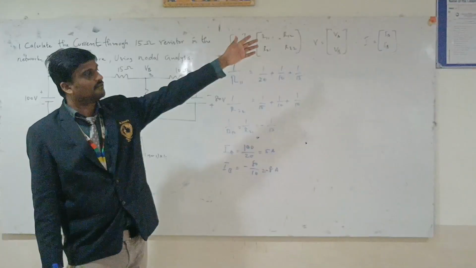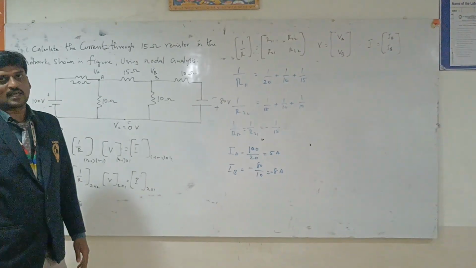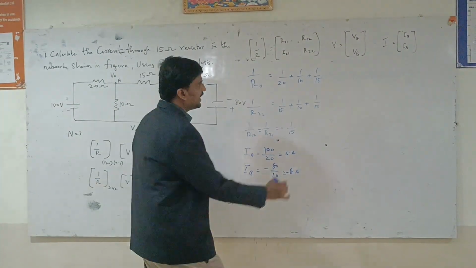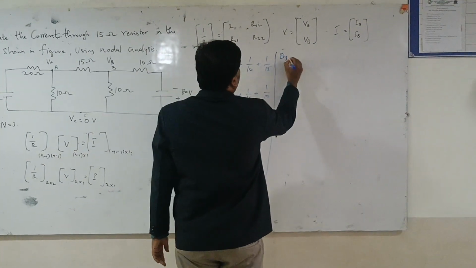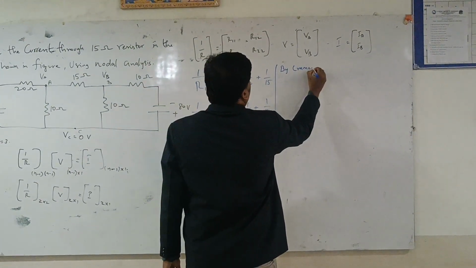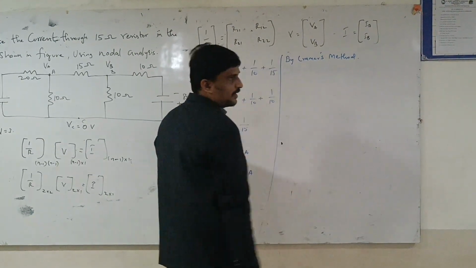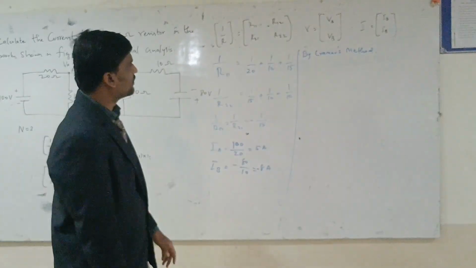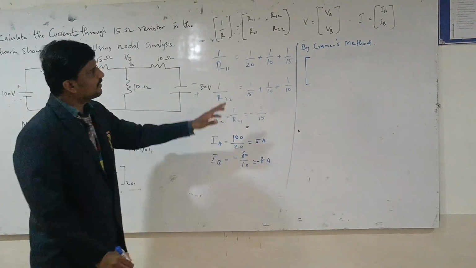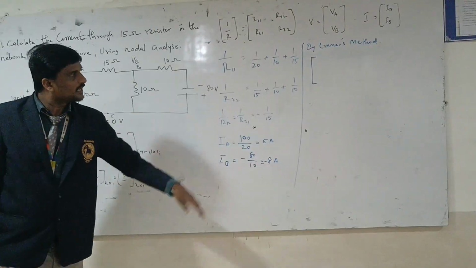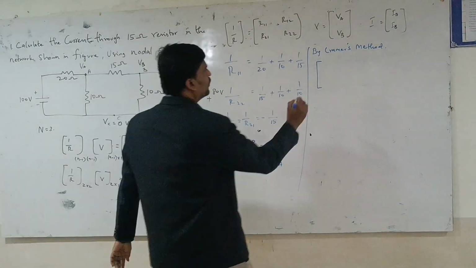So we will be finding the values for VA and VB, and we can solve this by using Cramer's method. By Cramer's method, we can write this in matrix equation. We have to calculate the value for 1 by 20 plus 1 by 10 plus 1 by 15, so the value is 0.216.